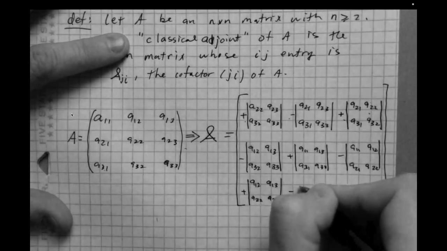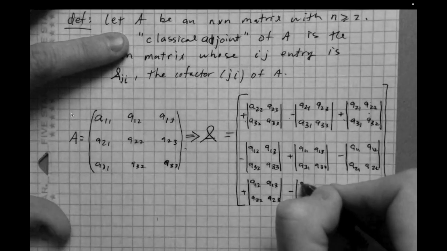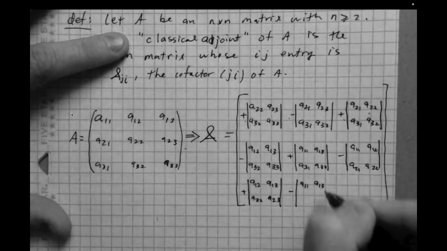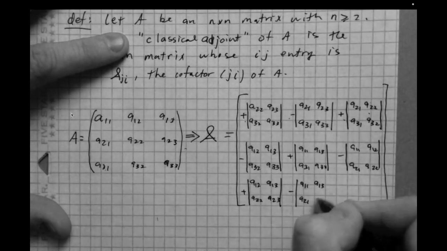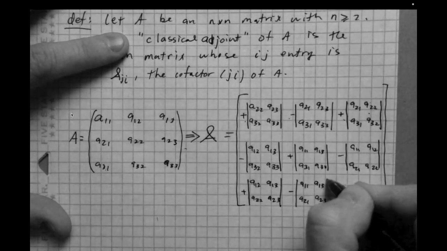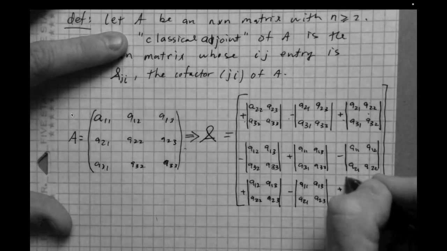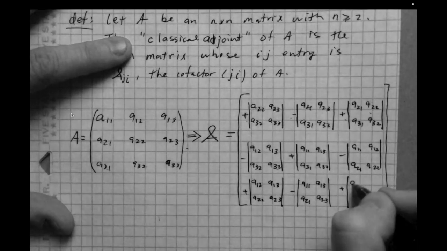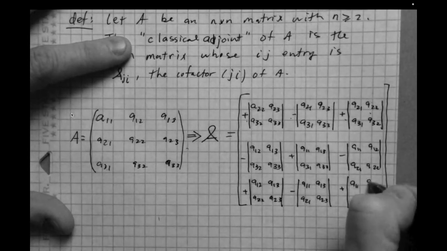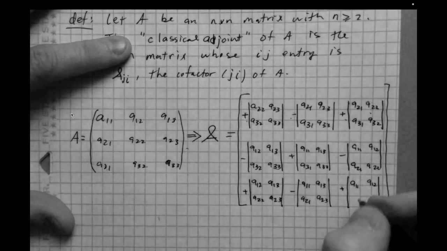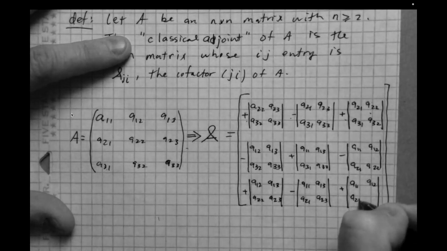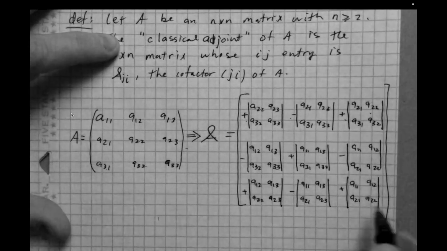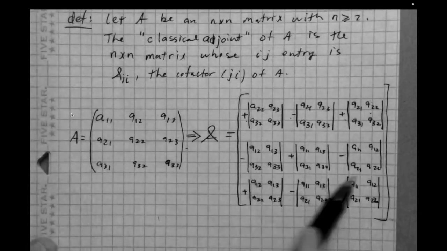And then negative A11, A13, A21, A23, and finally the last one over here: A11, A12, and then A21, A22. Okay. All right, so this is the adjoint, but not quite actually.